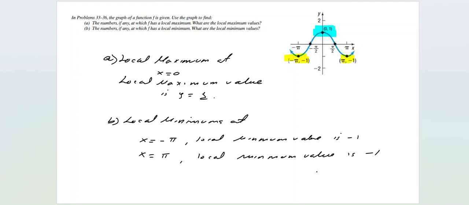We're analyzing just close to that value c, for which f of c, if it's a local maximum, is greater than or equal to any f of x close to x equals c. If it's a minimum, then f of c is lower than or equal to any f of x near x equals c. So just go to the book and review the definition of local maximum and local minimum.